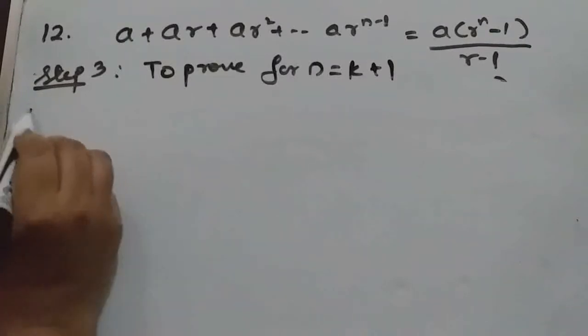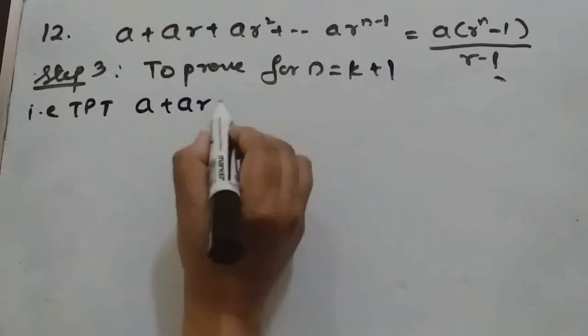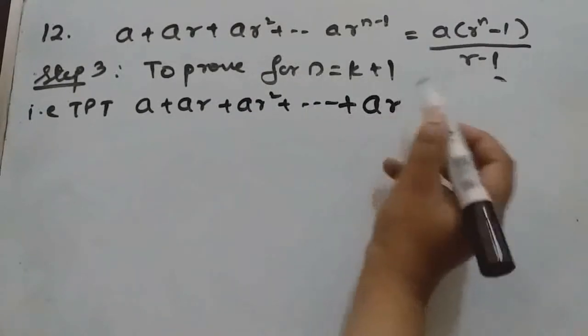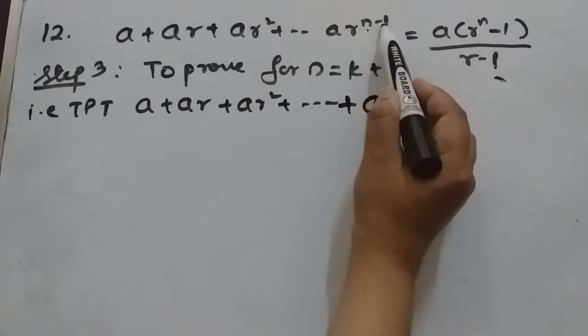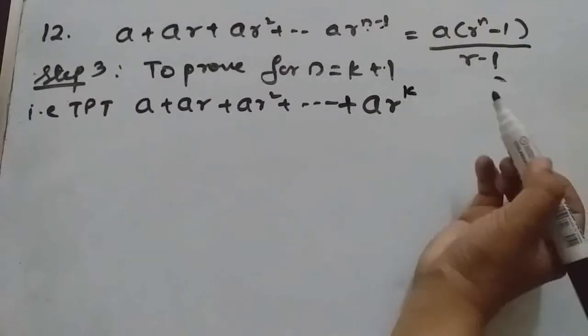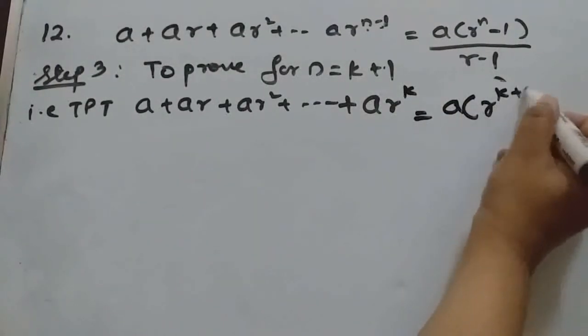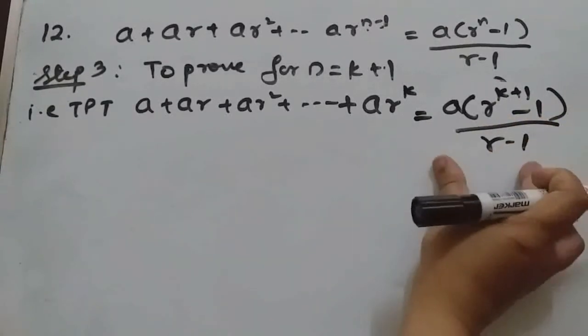That is, to prove that a plus ar square up to ar, see, n is k plus 1 and minus 1 is already there, so plus 1 minus 1 will go. The answer will be k only, equals a times r power k plus 1 minus 1 divided by r minus 1. This we have to show.